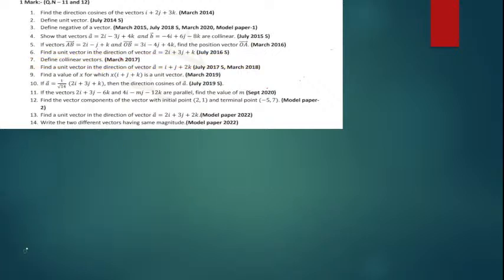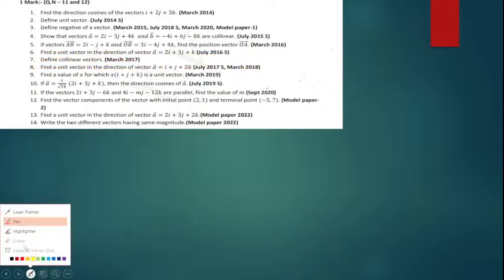We'll go for the next question. That is the 9th question. Find the value of x for which x times (i cap plus j cap plus k cap) is a unit vector, which was asked in the 2019 March annual question paper.